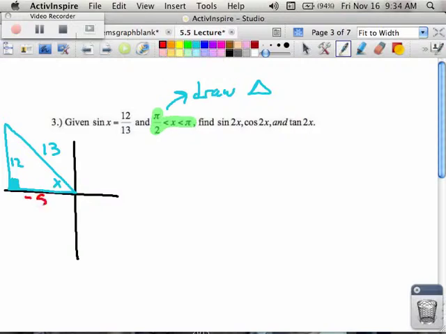So let's do that first. The sine of 2x, from our formulas on the front part of this section 5, is 2 times the sine of x times the cosine of x. So I have 2 times, looking at sine of x, oh wait, they even told me, right? 12/13.